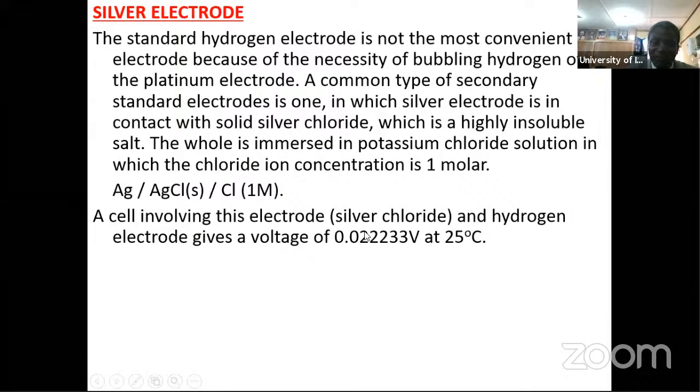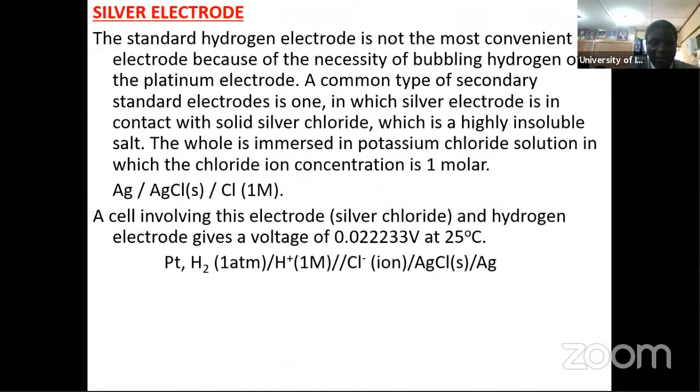Once you have measured that against the standard hydrogen electrode, the value of your E cell is 0.2223 volt at 25 degrees C. And that simply says that whatsoever you use this one to measure, you just have to make the allowance for the value of this to know the exact value the other one will have.